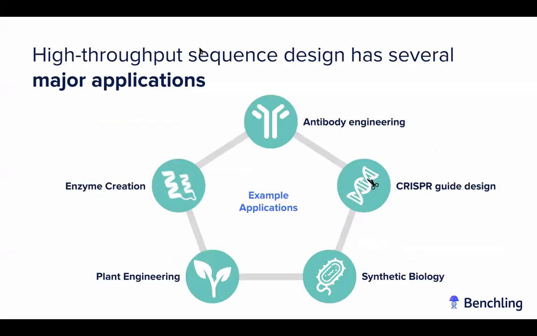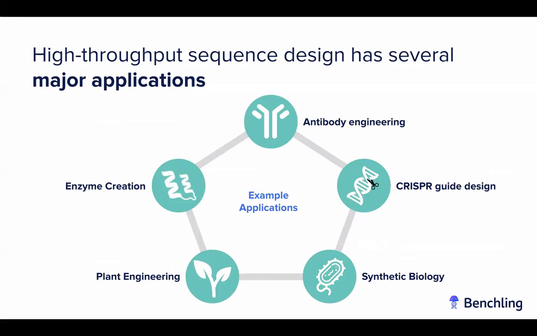So now I want to drill into what can you use high throughput sequence design for? High throughput sequence design can be used for anything from antibody engineering to CRISPR guide design, where for an antibody, you might need to be generating combinatorially dozens, if not hundreds of antibodies. For CRISPR, you might be designing a similar scale of guides in order to knock out a gene or repair it. In synthetic biology, you might be using this for strain engineering.